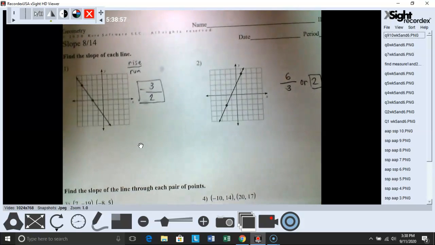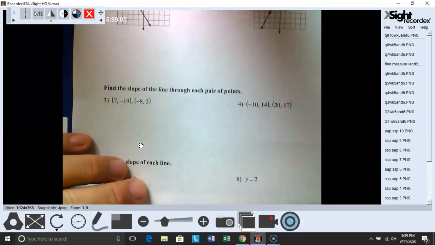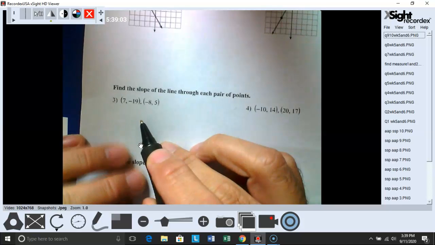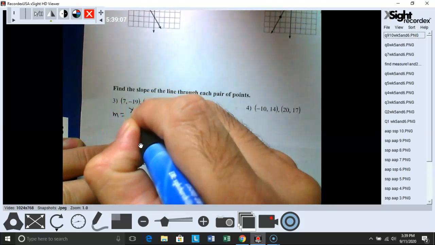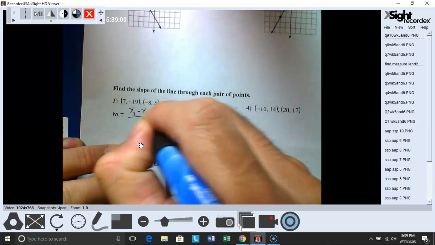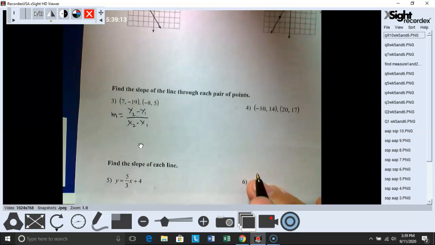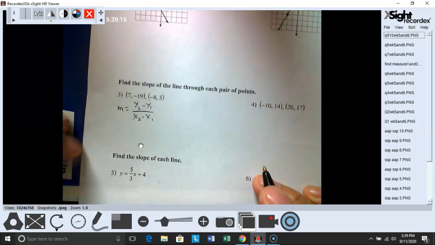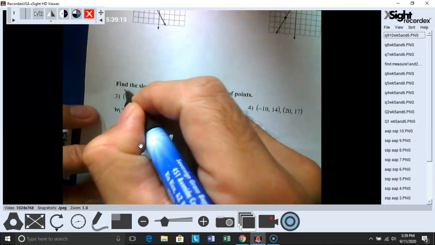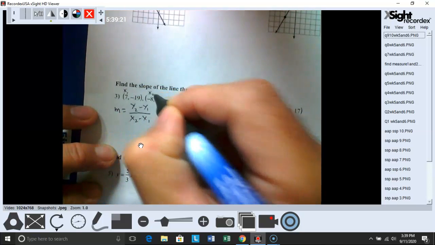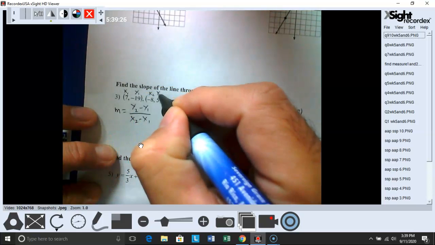Okay, next, what about given 2 points? So with this one, we're going to use our formula. M is equal to y sub 2 minus y sub 1 over x sub 2 minus x sub 1. So we're going to label our numbers here. This will be your x sub 1, this will be your x sub 2, this will be your y sub 1, and this will be your y sub 2.